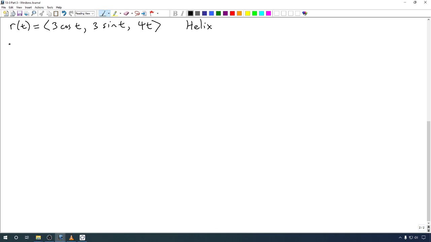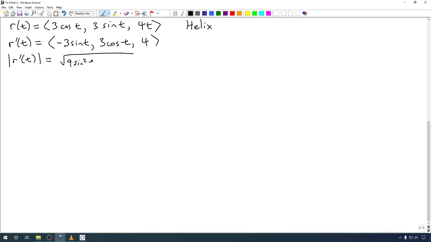We're going to start by finding the unit tangent and the unit normal. So we take the derivative. This is going to be negative 3 sine t, 3 cosine t, and the 4t just becomes a 4. The magnitude of r prime is the square root of 9 sine squared plus 9 cosine squared plus 16.